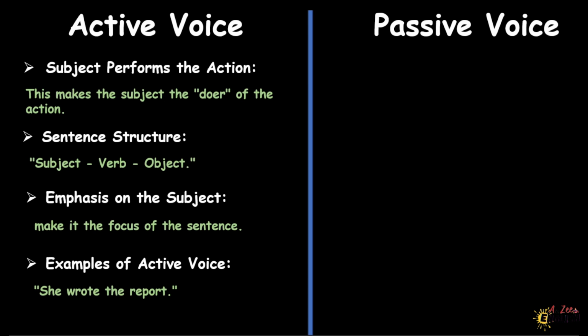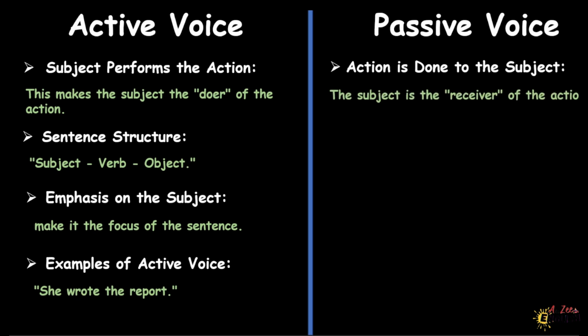On the other hand, in passive voice, action is done to the subject. In passive voice sentences, the subject of the sentence is the one that receives the action rather than performing it. The subject is the receiver of the action. Sentence structure.